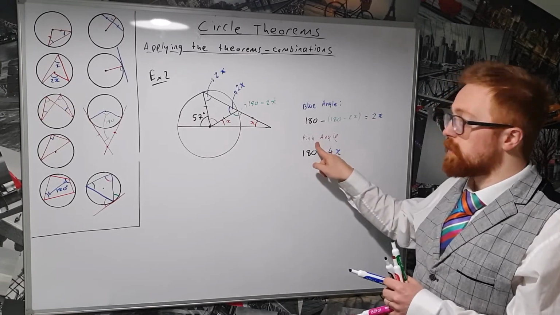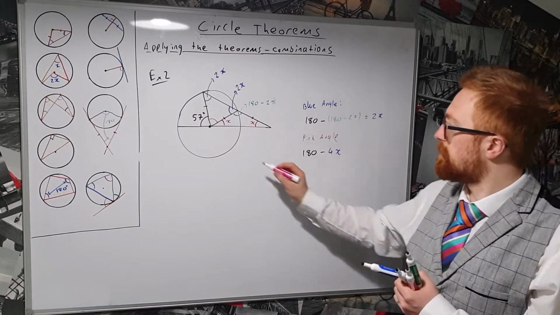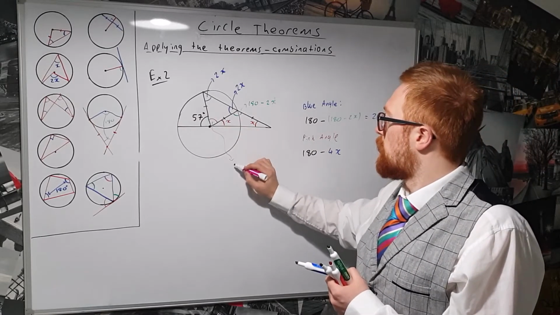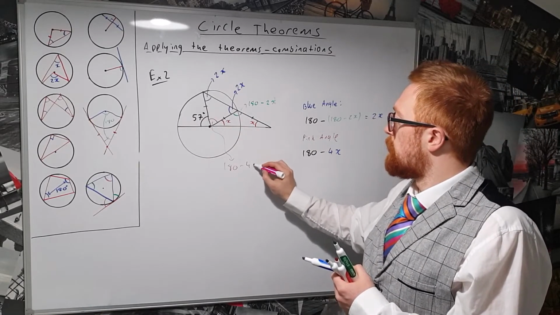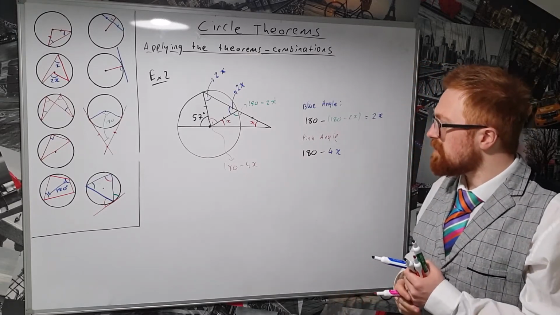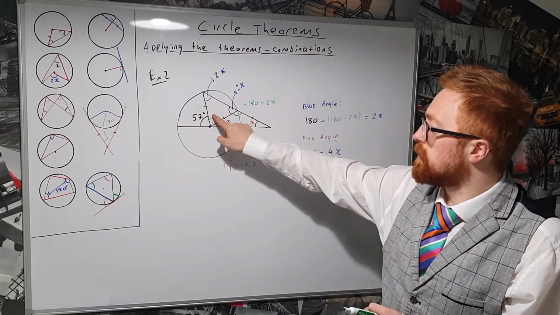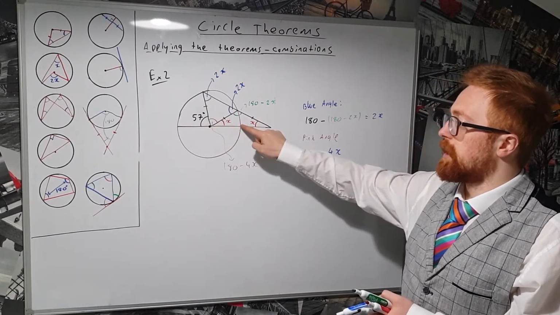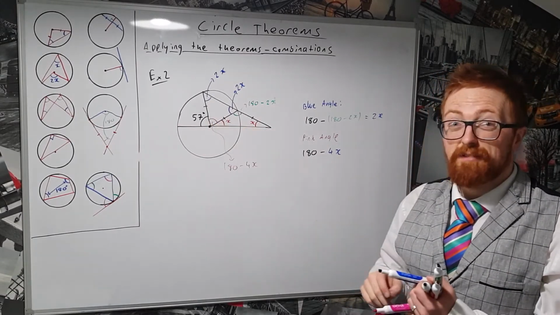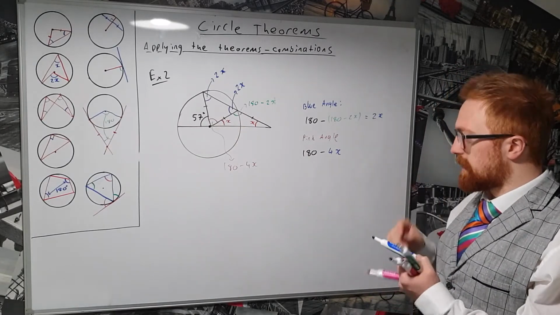Okay, and that's equal to our pink angle, so let's label that on. 180 minus 4x. And now we're really getting somewhere, because we know these three angles that are on this straight line. So I know that these three angles have to add up to 180.